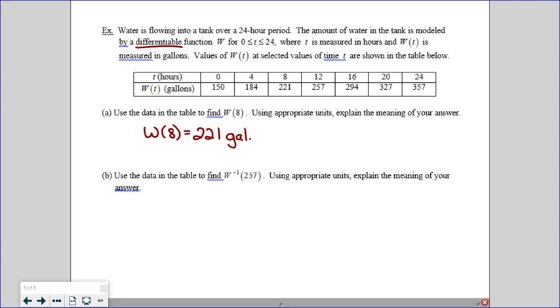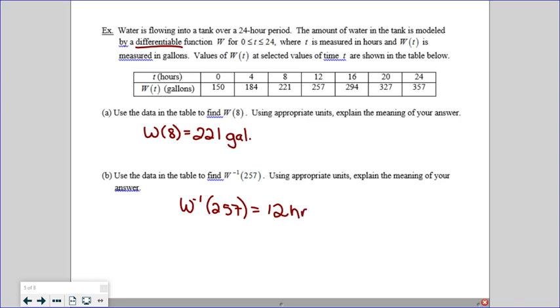So now we're saying, okay, well, the inverse of W at 257, that's where we actually scan through our second column there. So at 257, that would have been 12. And again, labeling and explaining the meaning of our answer. Our label for that 12 from our t column would be hours, right?